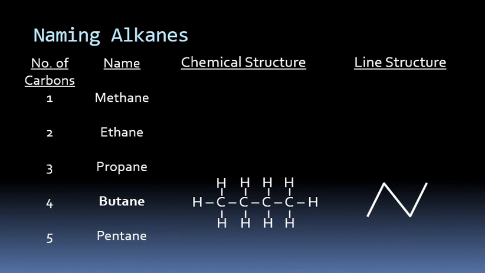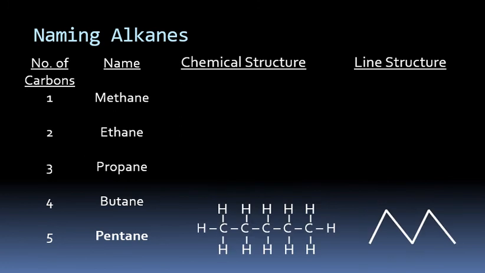Now we also have the case of pentane. Pent simply means 5. 5 carbons are involved. So a straight chain alkane of pentane would simply be 5 carbons in a row, and then you just fill in the hydrogen until each carbon is bound to 4 other elements.